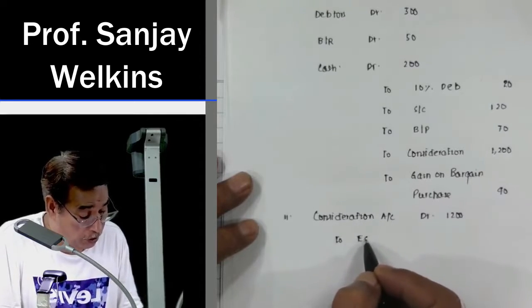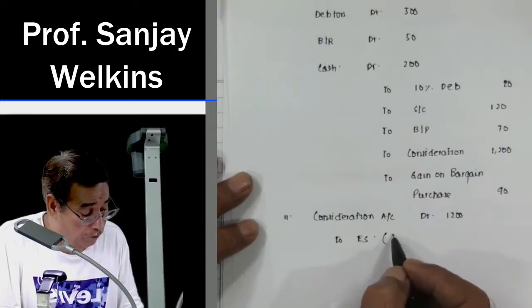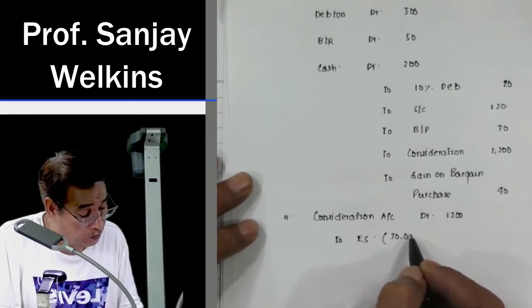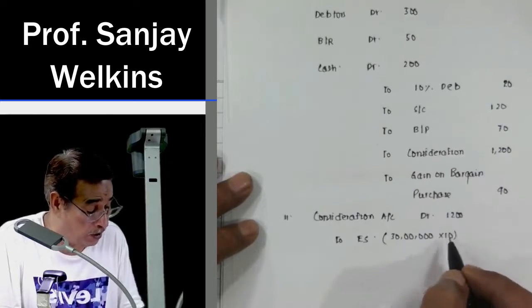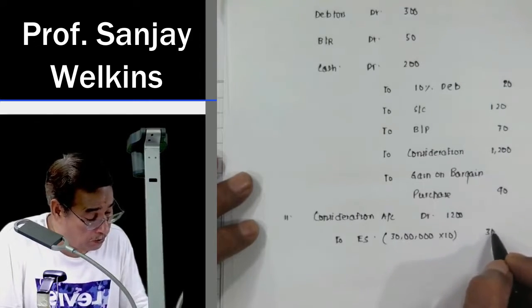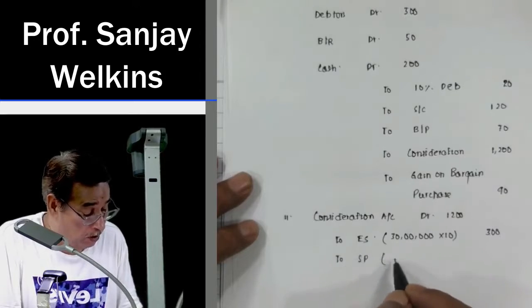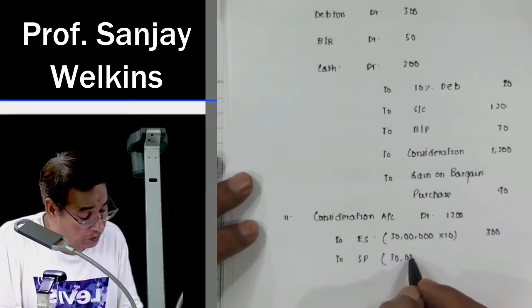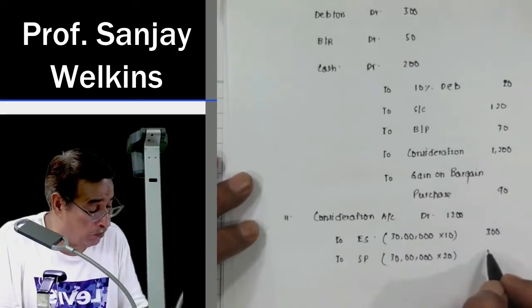To equity share capital account, you are offering 30 lakh shares of 30 each, but here you are going to write 10 into 10. That will be equal to 300. Then you write here securities premium. 30 lakh equity shares were issued at the rate of 30, that means 20 rupees premium, 600.